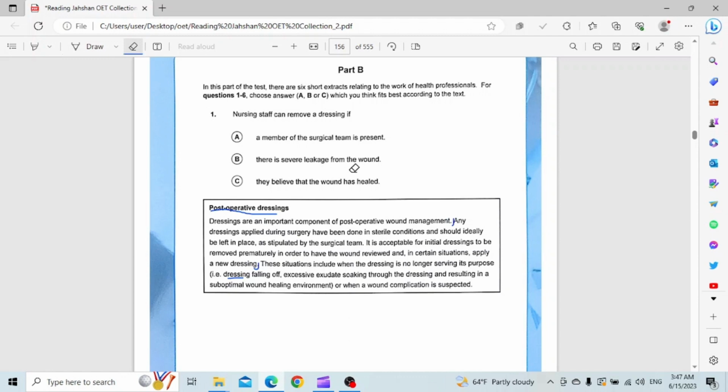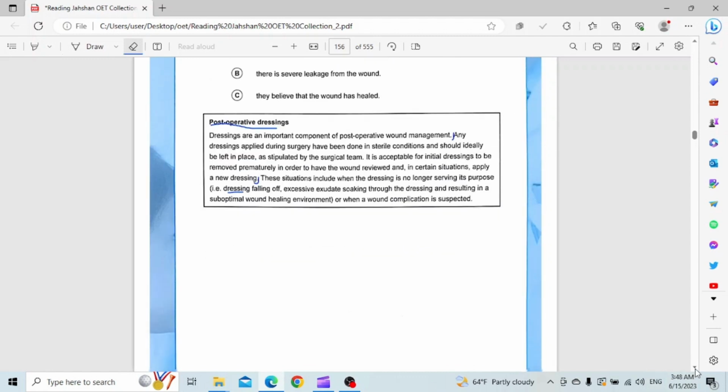There is a severe leakage from the wound? Maybe they believe that the wound has healed? Well, no, absolutely not. We read it directly from here: resulting in a suboptimal healing environment. You can read it: excessive exudate soaking through. So the most appropriate answer is B.